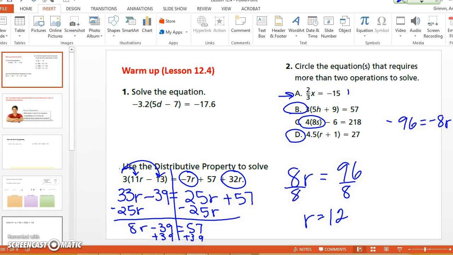Then you brought r's over twice? Well, I didn't add them, and I just subtracted -32r from each side. And then you would have had to do the 7 too. And then I did the r minus 39, and then the -7r plus 57, and then I just subtracted an r.